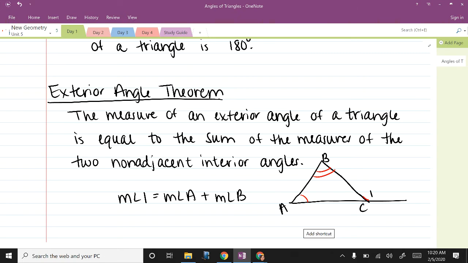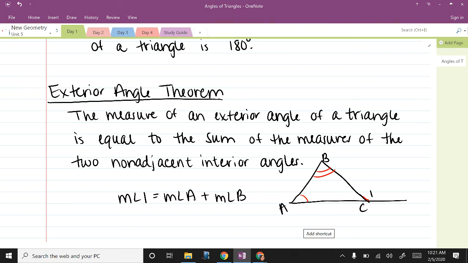The exterior angle theorem says the measure of an exterior angle is equal to the sum of the measure of the two non-adjacent. What is non-adjacent? Not next to. Otherwise known as not touching. So it's equal to the sum of the two that are not touching that angle.